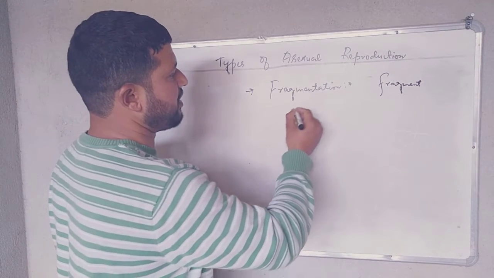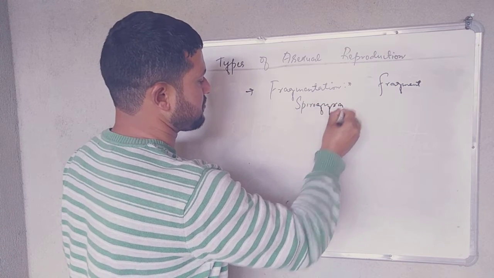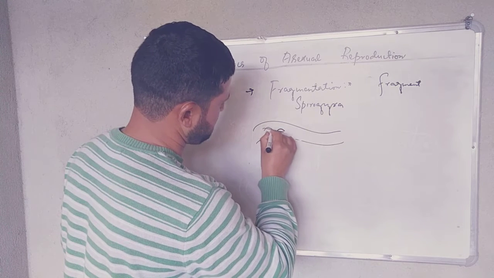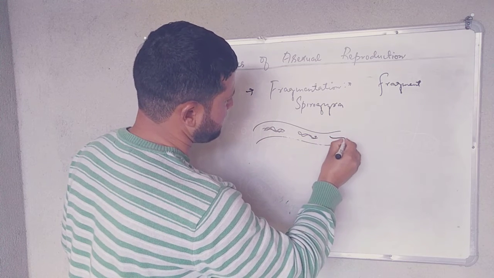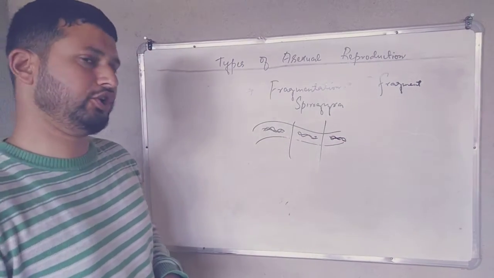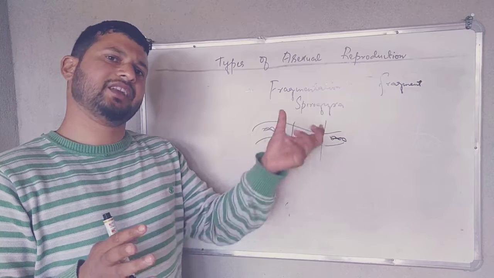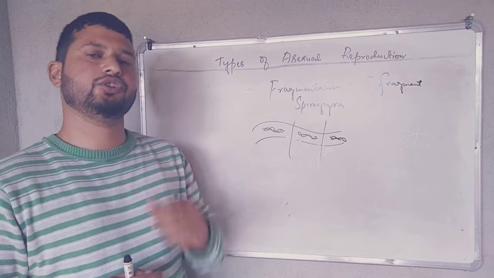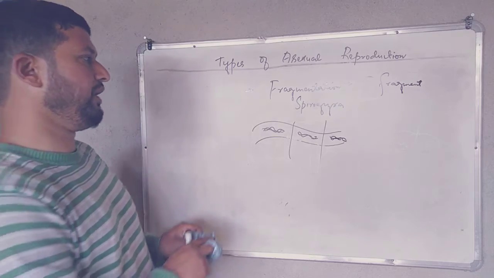For example, in case of Spirogyra, if the body gets separated into two or more fragments, each fragment will develop as an individual organism. So this fragmentation looks like fission, but the difference between fragmentation and fission is that fission takes place in unicellular organisms, while fragmentation occurs in simple multicellular organisms.